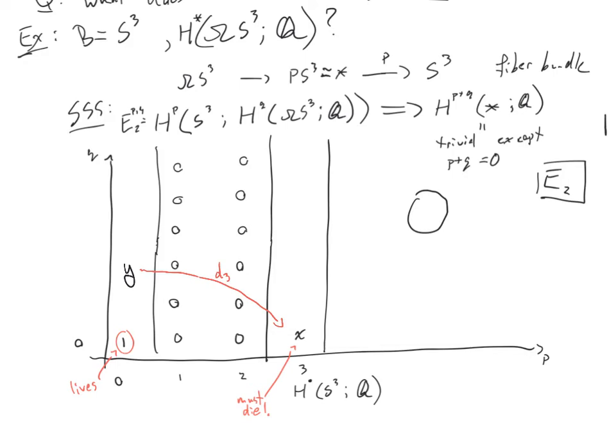It's a D3 because it goes right by 3. So now we know that, in particular, there's an element Y, which is non-zero in H upper 2 of loops S3 with coefficients in Q. There's some generator, and it generates a copy of Q.